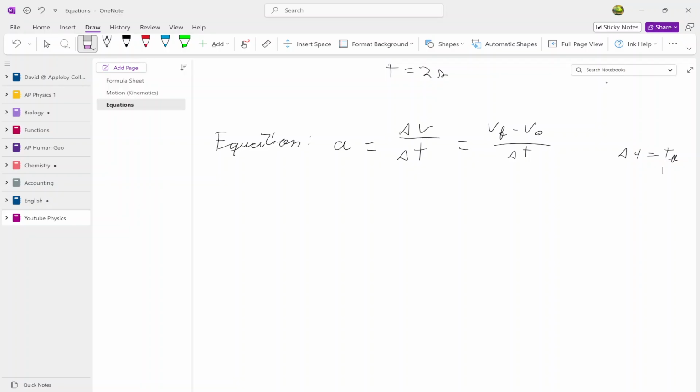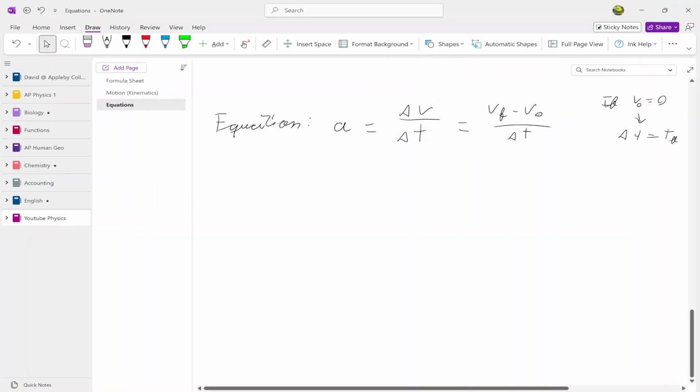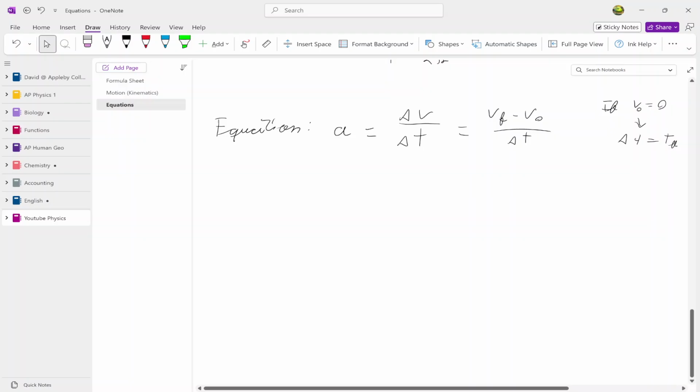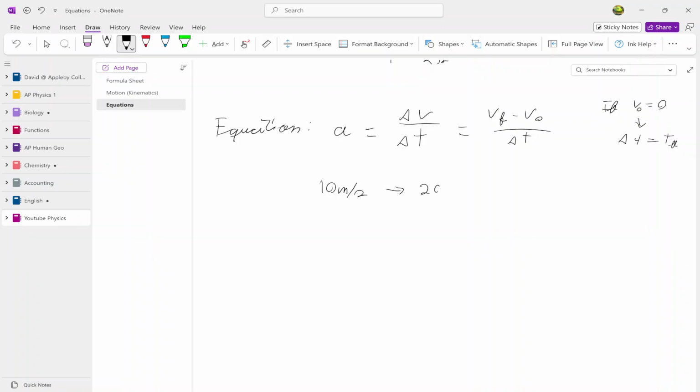If v0 equals 0, delta v equals v final, over t final. So that's just a little statement. This just means that if we were to change our velocity, let's say I changed my velocity from 10 meters per second to 20 meters per second and I did it in 1 second, I accelerated there.